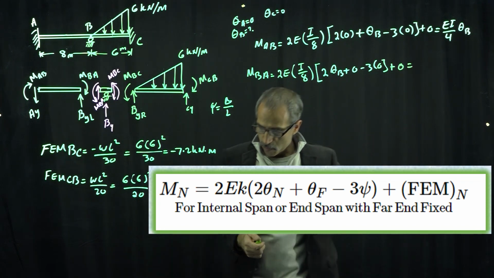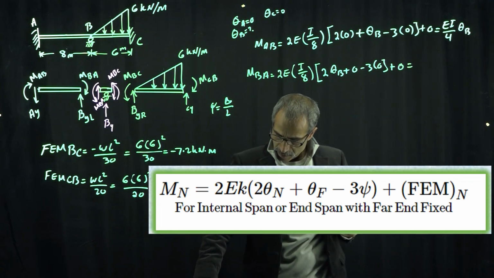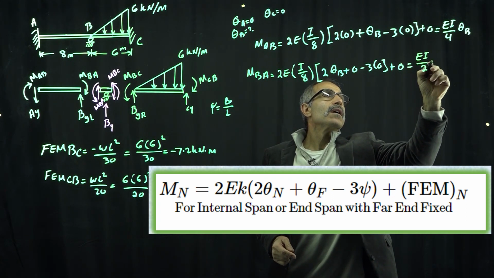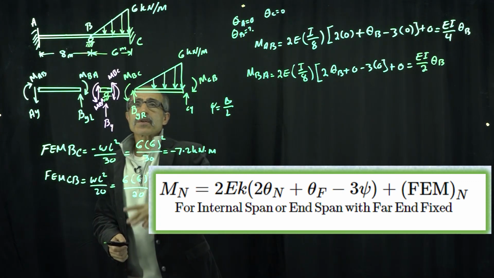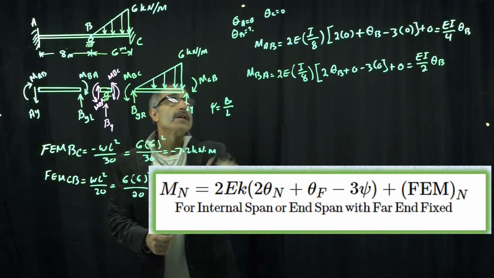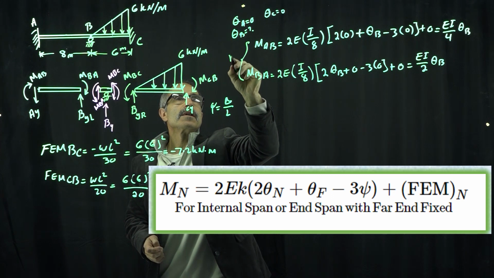So that comes out to EI divided by 2 times theta B. That was for member AB.